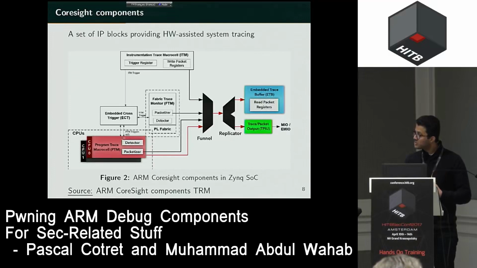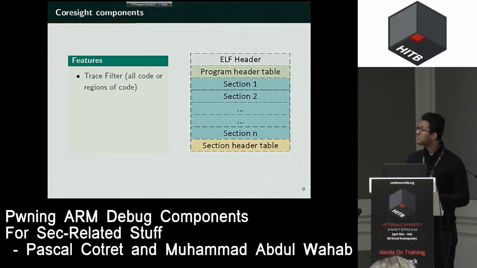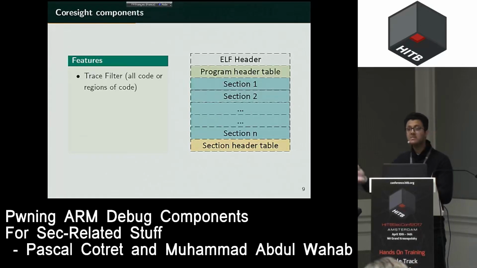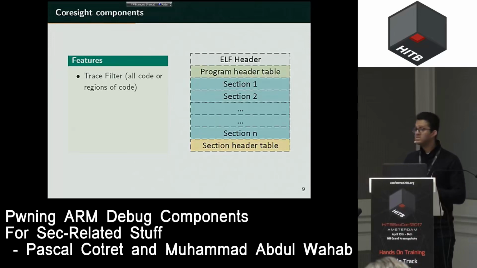Now I'm just going to show you in a little bit more detail the features provided by these components, how the trace is generated, and how we can configure these components as well. First of all, we can use CoreSight components to trace all code, whether it is in user space or kernel space, or we can trace only a given region, and that is what we are going to do.